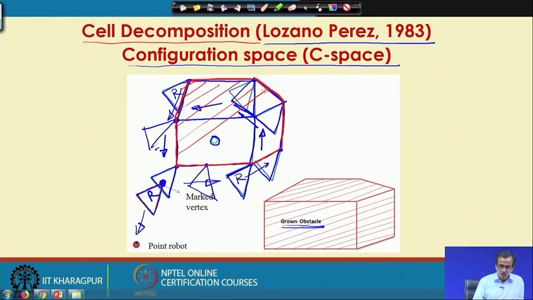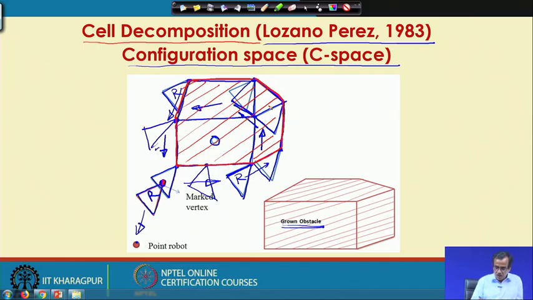So, the robot will be replaced by the marked vertex, which is nothing but a point, and the original obstacle will be converted to the grown obstacle.